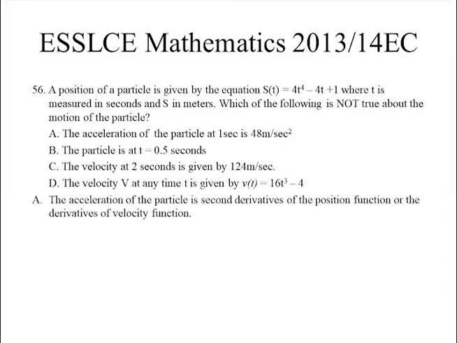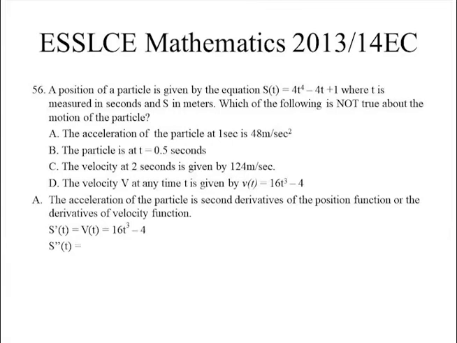The acceleration of a particle is the second derivative of the position function, or the first derivative of the velocity function. So, the first derivative of the position function is equal to the velocity of the particle at t, which is equal to the derivative of 4t to the power of 4, which is 16t to the power of 3, minus the derivative of 4t, which is 4.